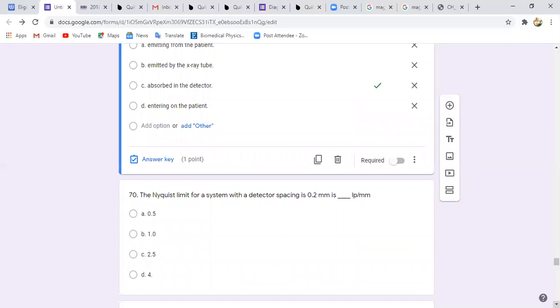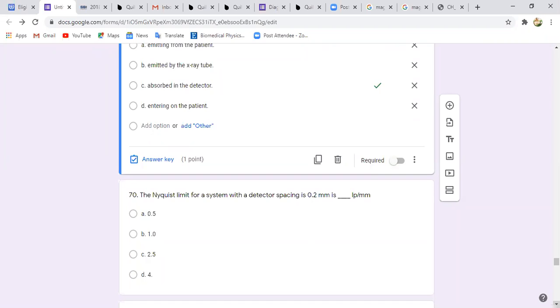If I feed into a system a frequency greater than its Nyquist frequency, we are going to have aliasing. The frequency wouldn't be registered accurately, so we will have a reduced frequency.